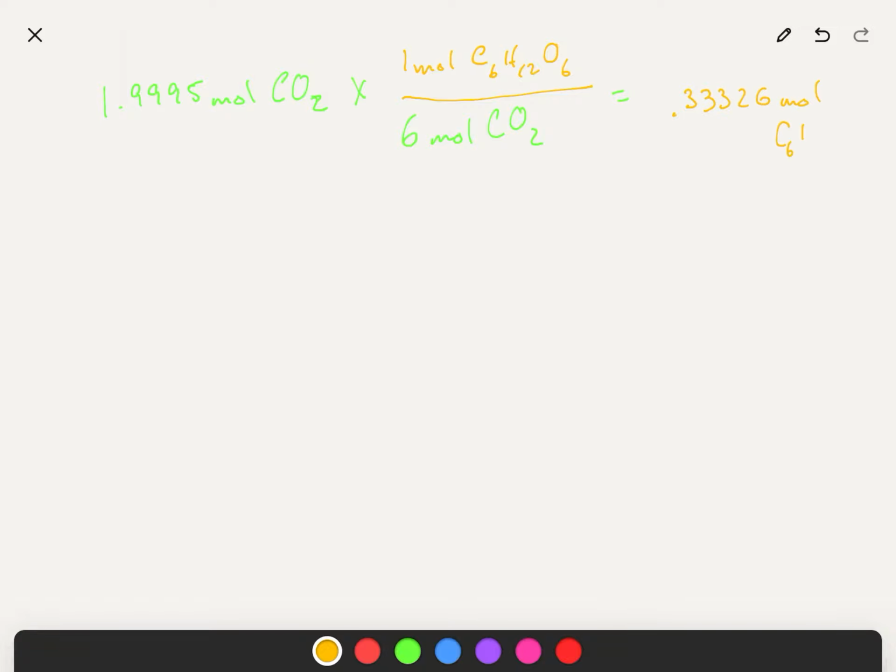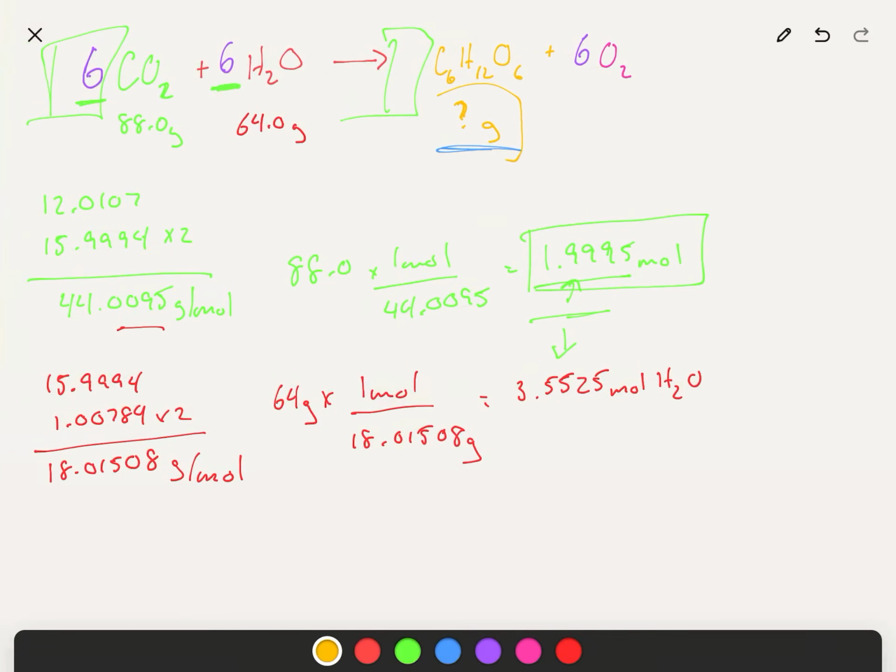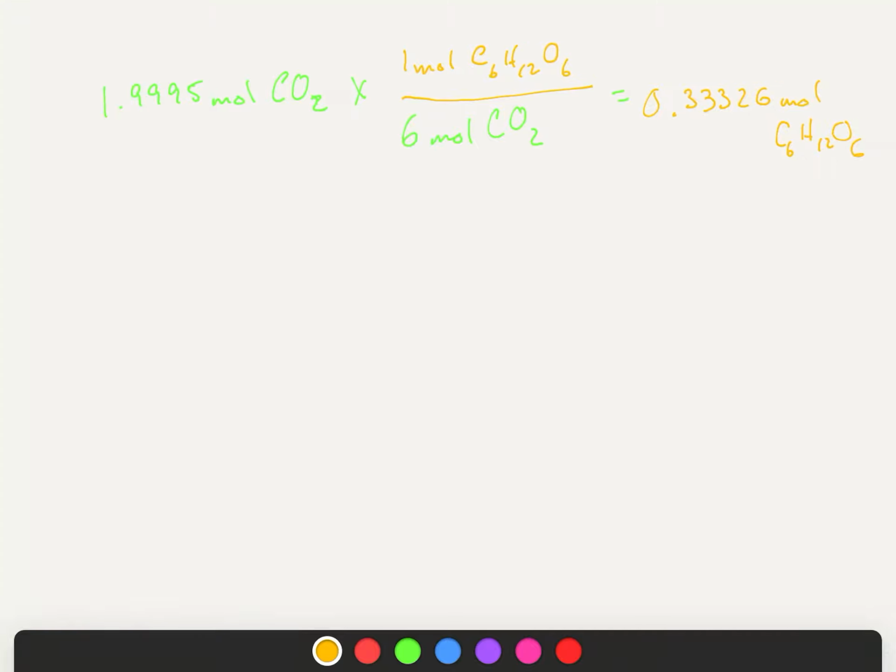Now we need to find the molar mass of glucose, because the question originally asked for the answer in grams. So carbon, we've already looked it up, 12.0107 grams. We've got 6 of those. Hydrogen, 1.00784.